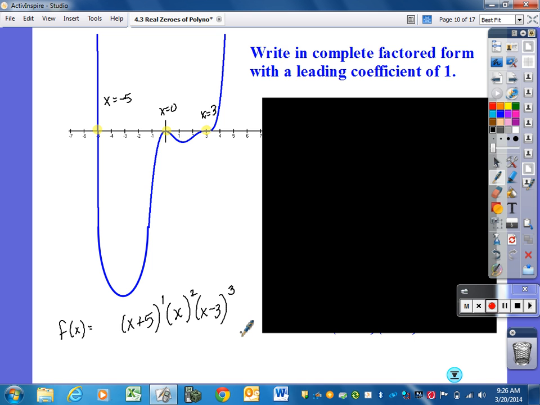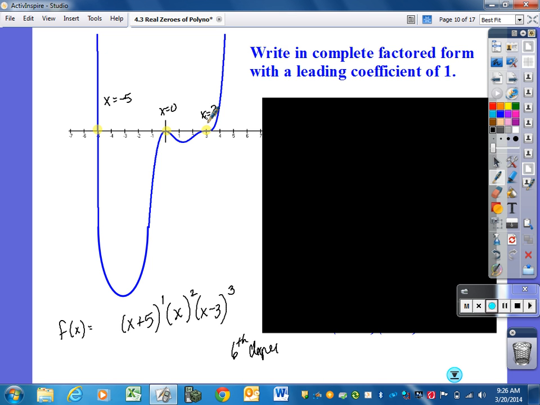Now let's see if this degree would make sense. 3 plus 2 is 5, plus 1 is 6. This shows a 6th degree. By my end behaviors, as I go towards negative infinity, my y's go towards positive infinity.